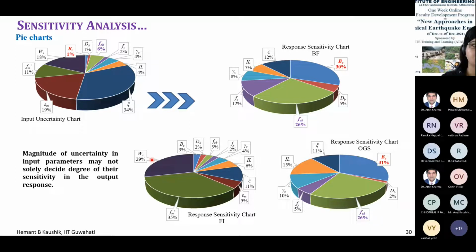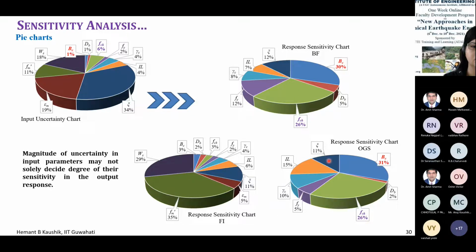Another important point here is that the magnitude of uncertainty in input parameters may not solely decide the degree of their sensitivity in the output response. So what it means is that if you consider this zeta, which has 34% variation in the input parameter, it has only 12% variation in the output response sensitivity.